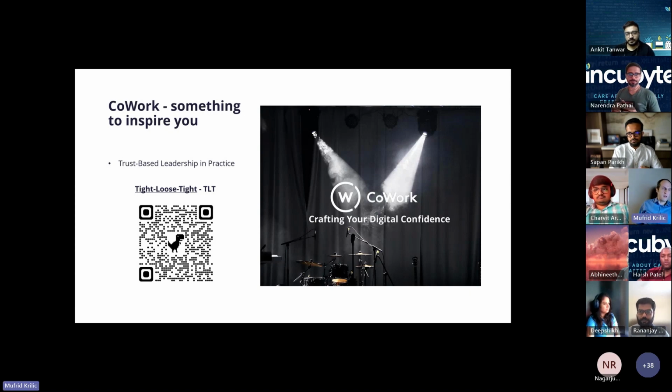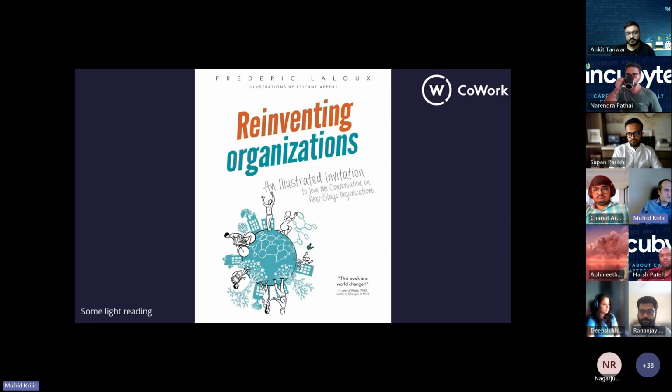So regarding how to do agile leadership in practice. What's interesting about Cowork, another thing is this book called Reinventing Organizations by Frederic Laloux. I'll be recommending a couple of books during my talk, which you might consider picking up and reading if you want. This is about how to organize your organizations somewhat differently.